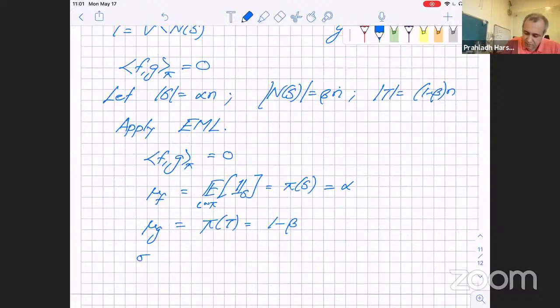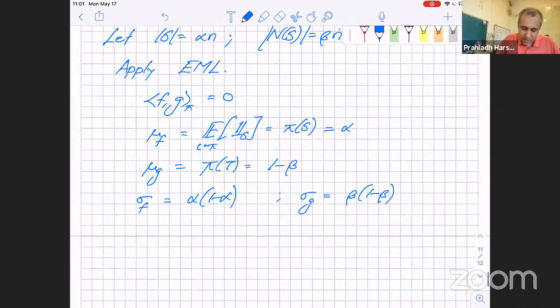And what is sigma F? Sigma F is the variance of a Boolean random variable, which is exactly alpha into 1 minus alpha. For a Boolean random variable, the variance is the mean times one minus the mean. Similarly, sigma G will be beta into 1 minus beta.